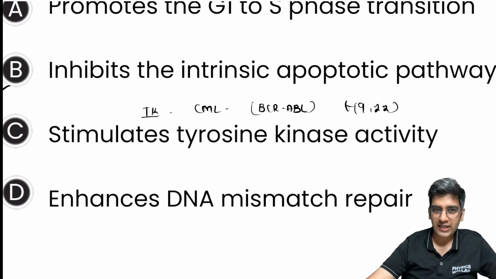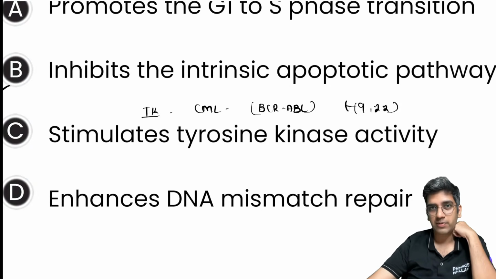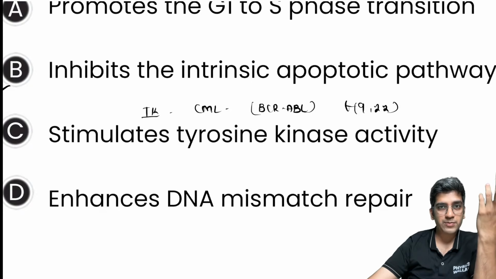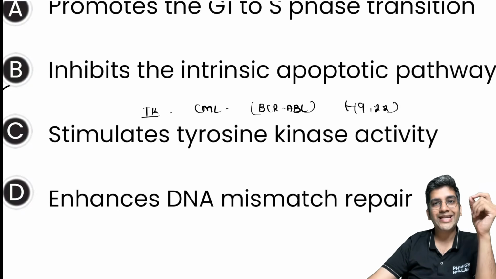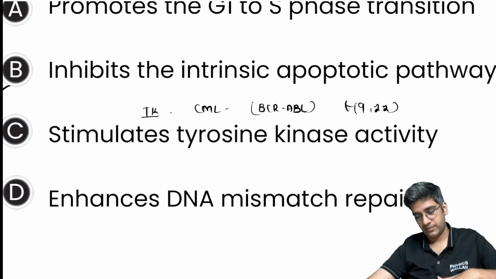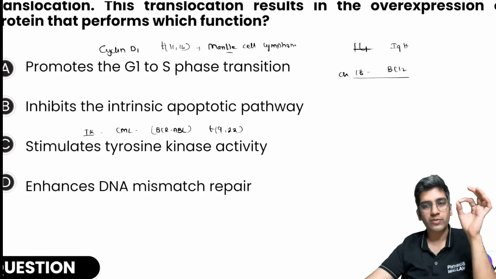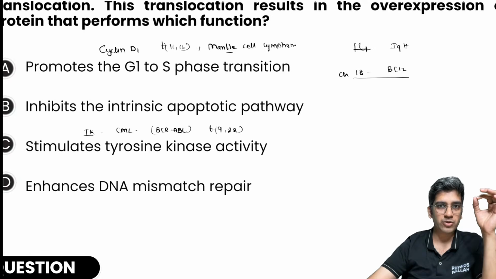Option D will not cause a cancer. Enhanced DNA mismatch repair, but actually loss of DNA mismatch repair can cause a cancer. Can anyone tell me in which syndrome DNA mismatch repair will be affected? Which syndrome will have defective DNA mismatch repair?